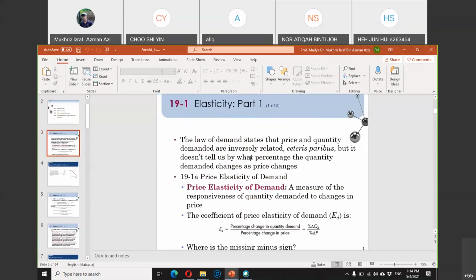First, last week when we learned the concept of demand and supply, we learned the basic law. Price increase, quantity falls for demand.